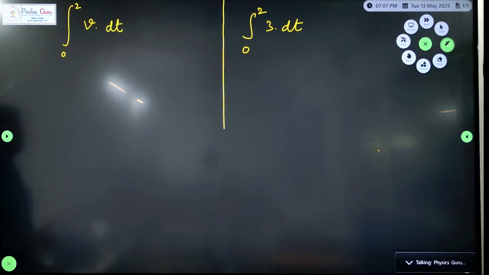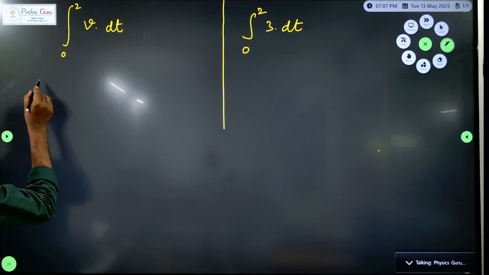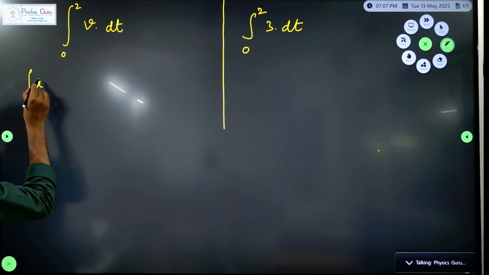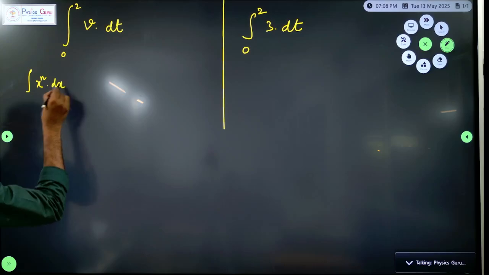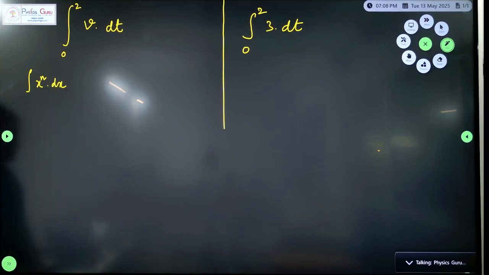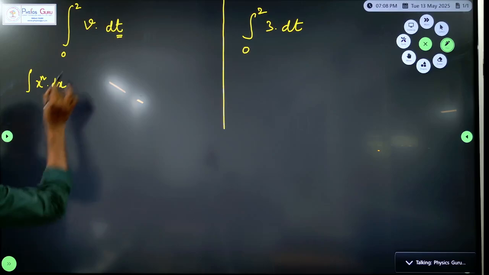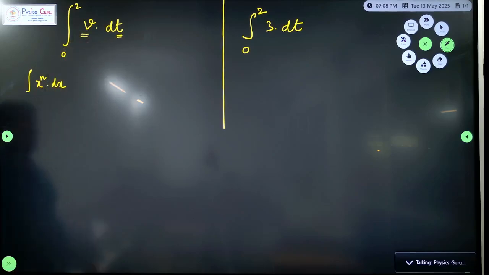Yes. As per the rule, we are going to integrate it now. Shall we do? This resembles integral of x to the power n dot dx. But one thing, the quantity here is different, the quantity here is different.